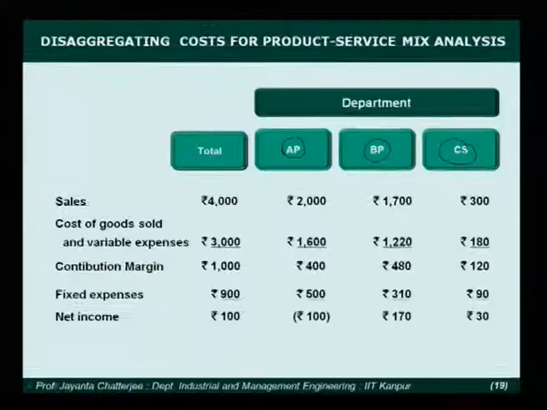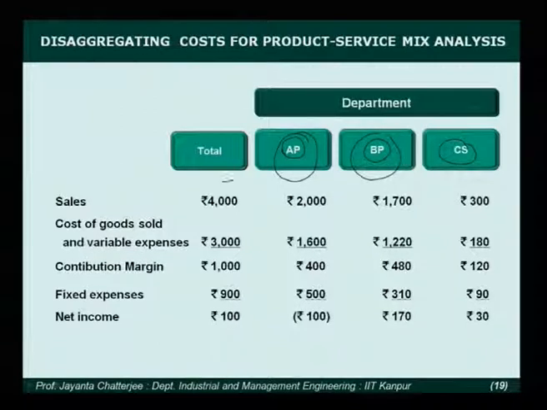That means there can be a movie theater which is like a service, and there can be a grocery store, which is a product business, and there can be a food store, I mean a restaurant. So there could be a grocery store, a restaurant, or a cafe, and a movie hall, all put together.